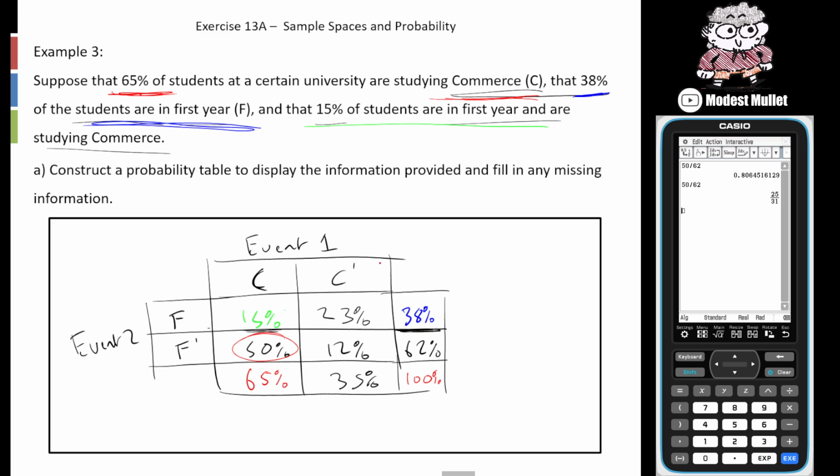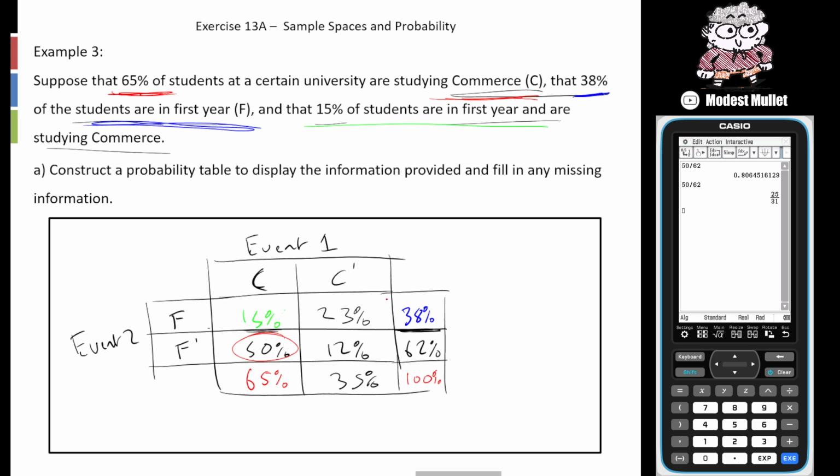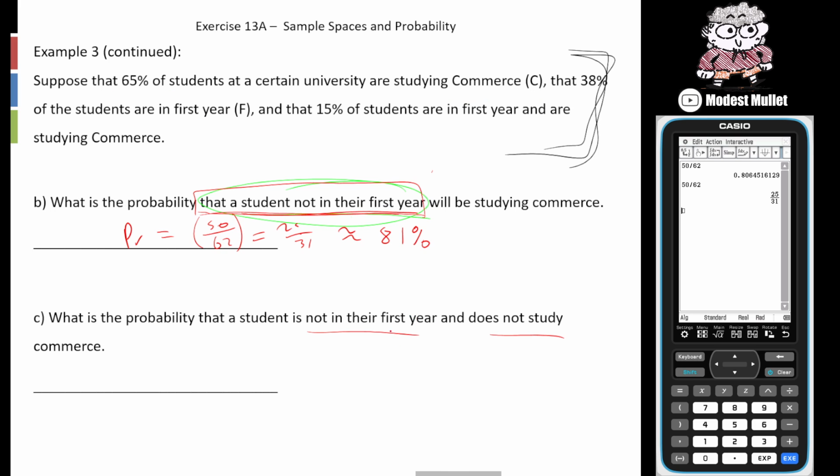So not first year, not commerce. That's 12%. So 12% of the whole student body is equal to 12. There we go. And we could write this as probability F dash intersect C dash.